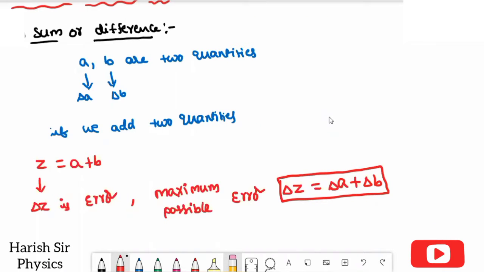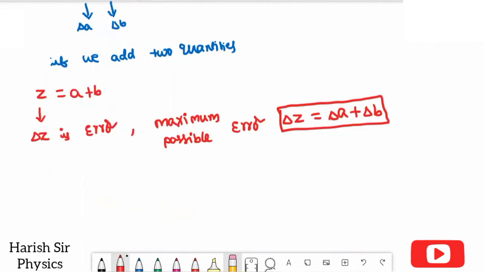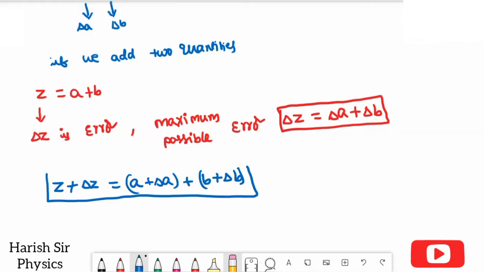If you write the final combination of the equation, the true value is Z, and the error is delta Z. Z plus or minus delta Z is equal to A plus or minus delta A plus B plus or minus delta B. This is the resultant error.